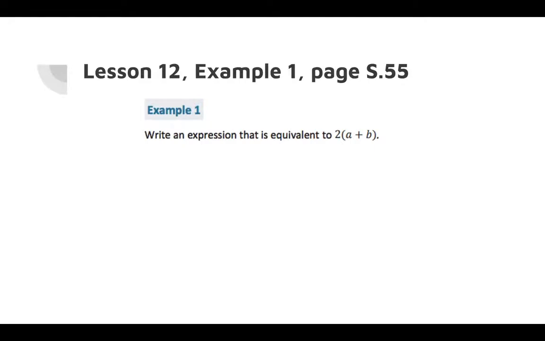Okay, we're still on S55, example 1. Write an expression that is equivalent to 2 times a plus b. 2 times the sum of a plus b. Now, if you want to, you can pause this video and come up with this. Think about the examples that we just had on your previous slides.